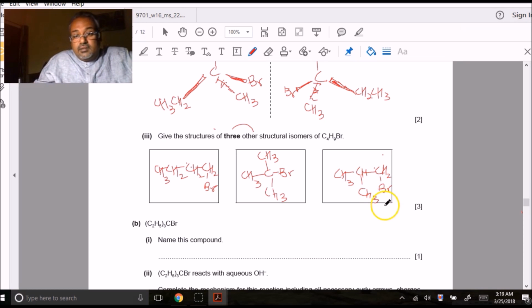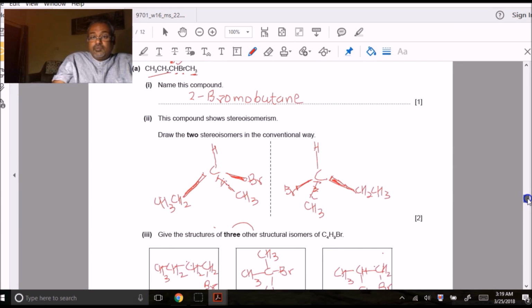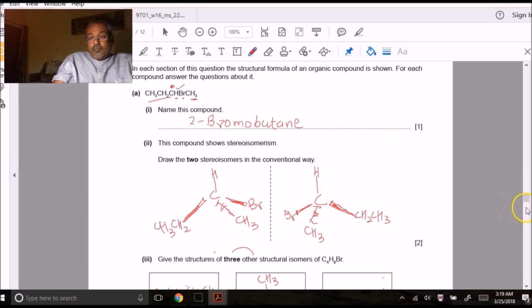So this is 1-bromobutane, this is 2-methyl 2-bromopropane, and this is 2-methyl 1-bromopropane. So those are the 3 different isomers compared to the 2-bromobutane which we made here.